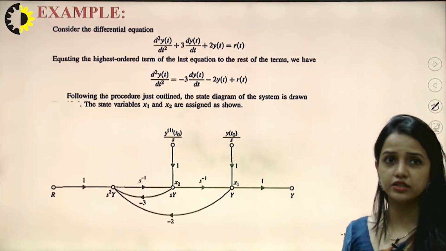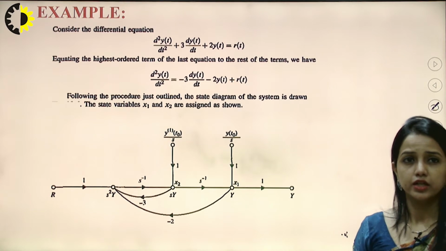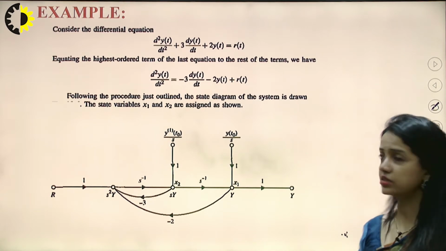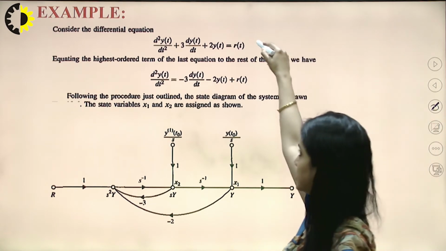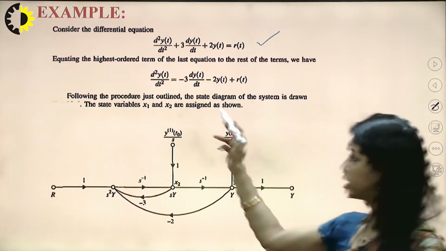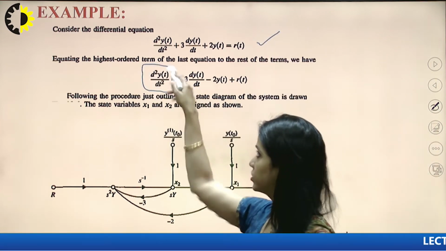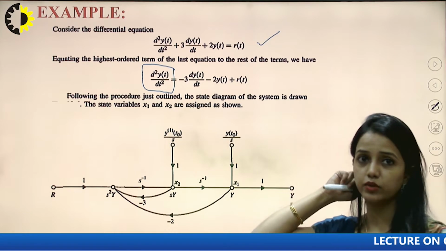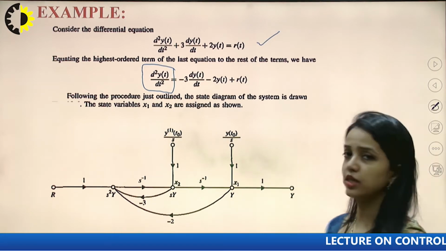Now, considering another example of differential equation, here we see we have a second order differential equation. We are writing it in terms of the differential term d2y by dt square, and all the terms will come in the RHS.